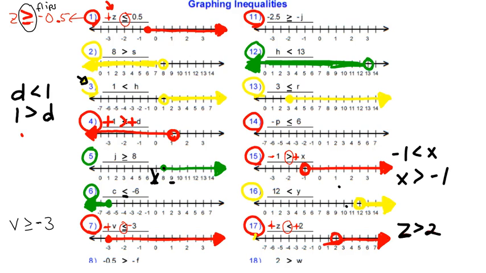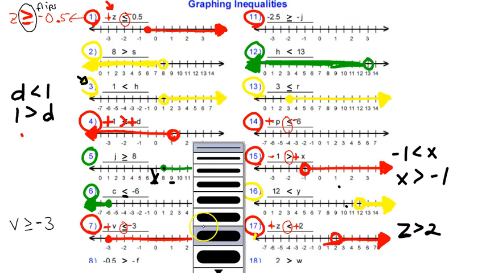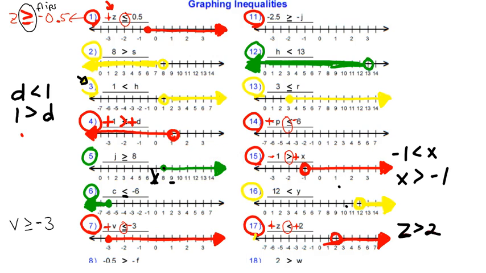Next up, number 14. Change those signs. So P becomes positive and 6 becomes negative. When we change those signs, we're also flipping that inequality. Our new statement is going to be P is greater than or equal to -6.